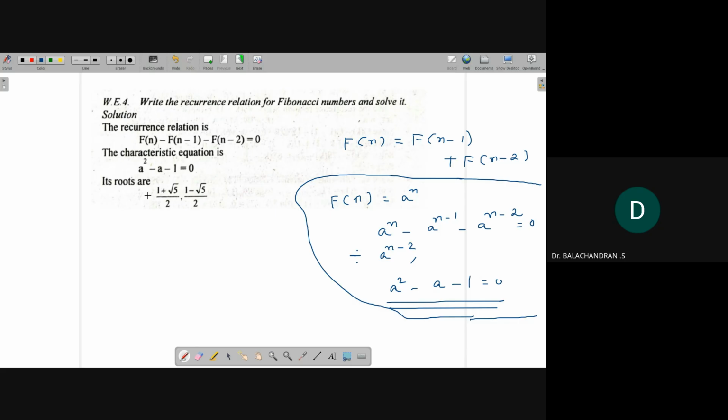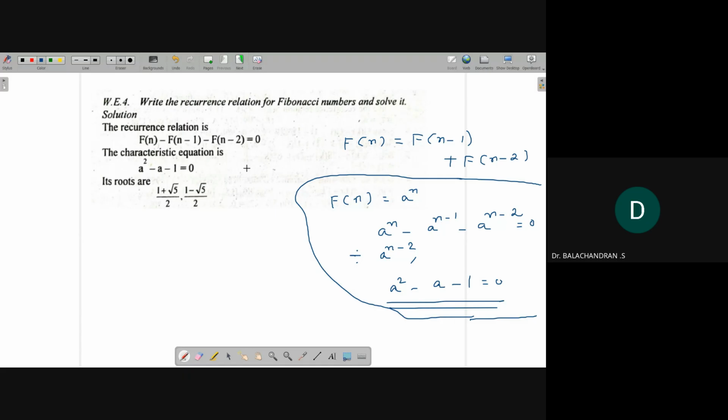If you solve this quadratic equation, you'll get two roots. One is 1 plus root 5 by 2, another root is 1 minus root 5 by 2. You can check it. Now the roots are distinct, and the right hand side is 0, so the homogeneous solution is the solution for this recurrence relation.